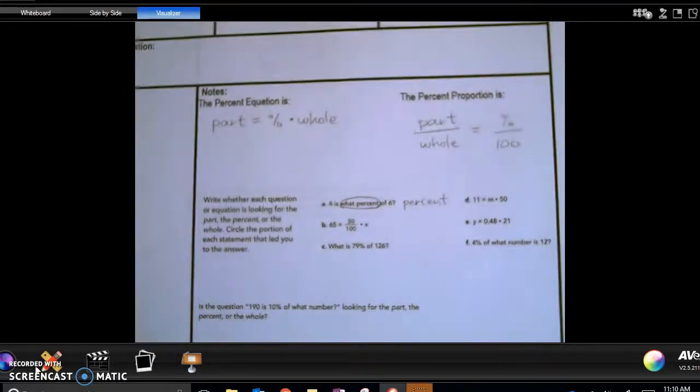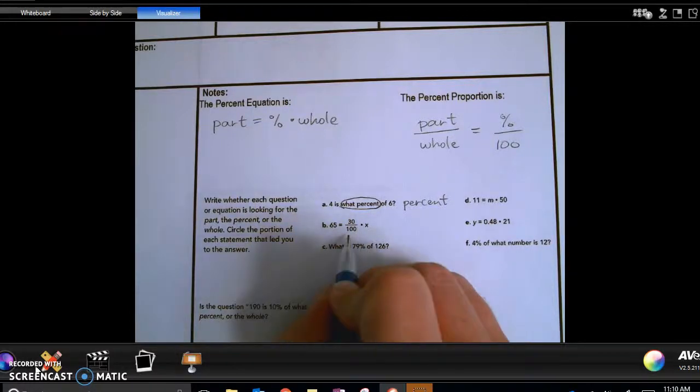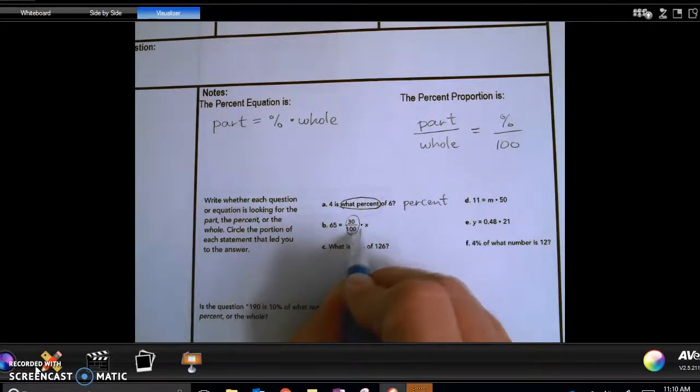Okay, on part B, we have an equation here. 65 equals 30 over 100 times x. Well, right away, I see 30 over 100. That's my percent, right? That's one way of writing a percent. I know 65, and I want to know 30% of x.